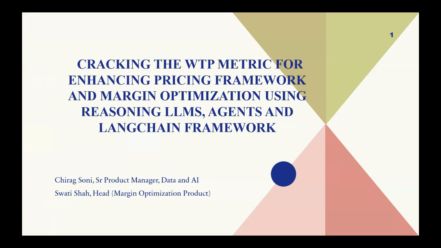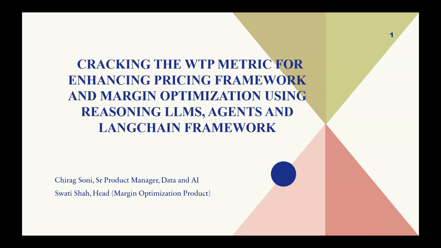Really good paper presentations. The topic for us today will be cracking the WTP metric, which is the willingness to pay metric, to enhance the pricing framework. So we will be talking about how we can enhance and optimize the B2B sales process end to end by using reasoning LLMs, Agentic AI, and Langchain framework, and also to optimize the margins that we get.